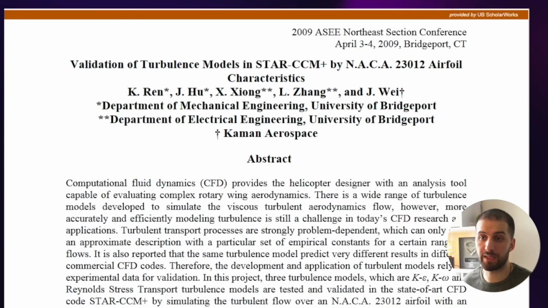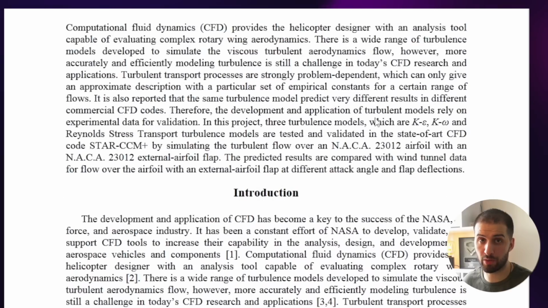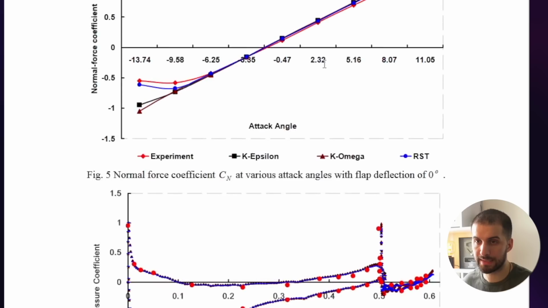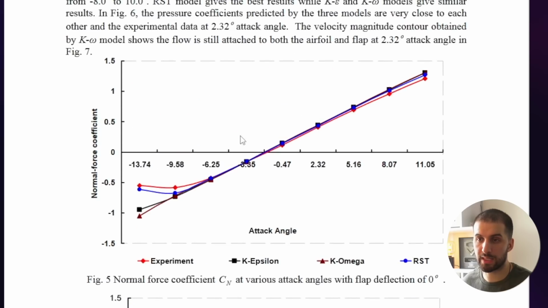They have done a comparison between different turbulence models available within STAR-CCM+ and compared the results with experimental data, which is always important. Guys and girls out there who are CFD practitioners, validation and verification is the keyword. As we move towards the results section, we'll find that for the negative angle of attack, closest to the experiment is the RST model, but as we move into the positive angle of attack region, as you remember, we used 5 degrees.